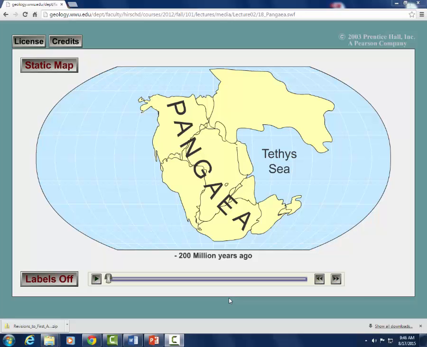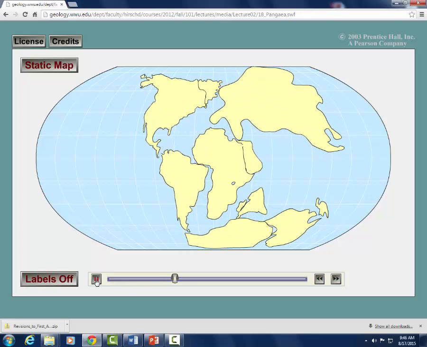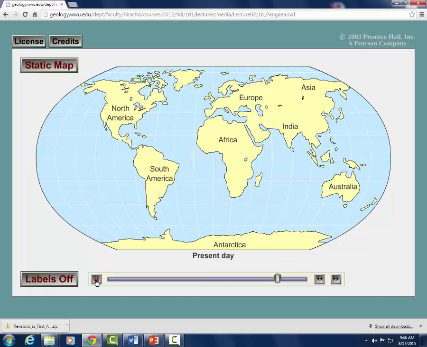This is a video that shows how the continents on Earth have bounced around for hundreds of millions of years. This is called plate tectonics, and you will learn much more about this in Earth Science class in 8th or 9th grade.